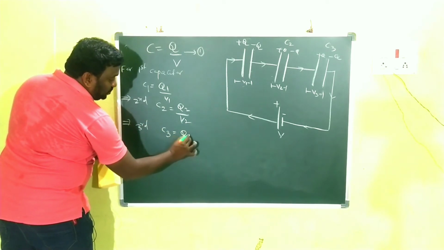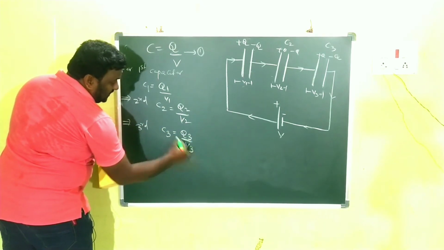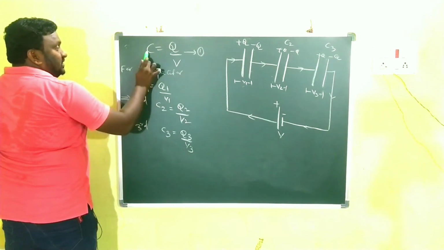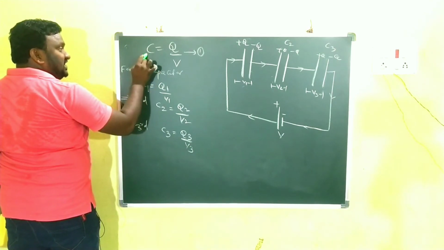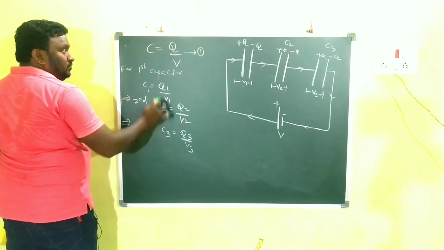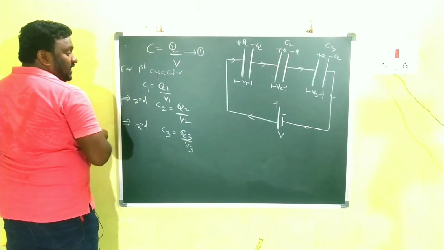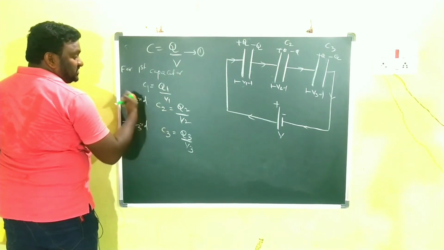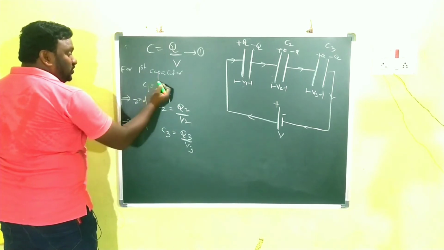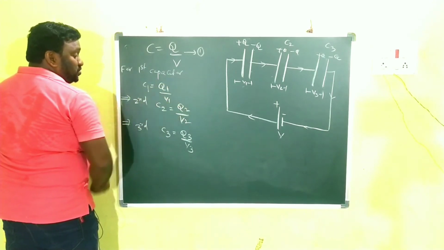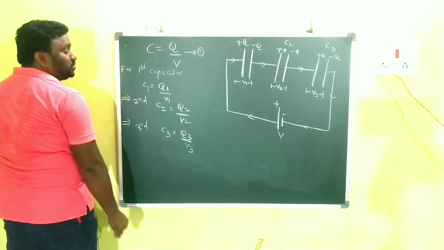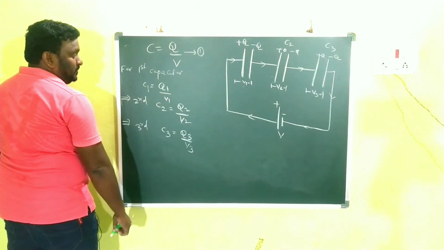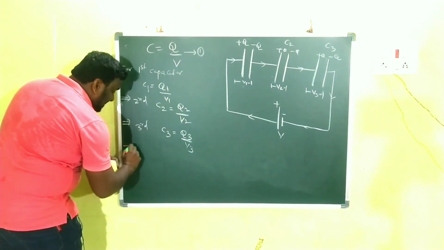C3 is equal to Q3 by V3. Clear? The effective capacitance should be written as C is equal to Q by V. By using that, we are writing the values for C1, C2, C3 like this. C1 is equal to Q1 by V1, and C2 is equal to Q2 by V2, and C3 is equal to Q3 by V3.